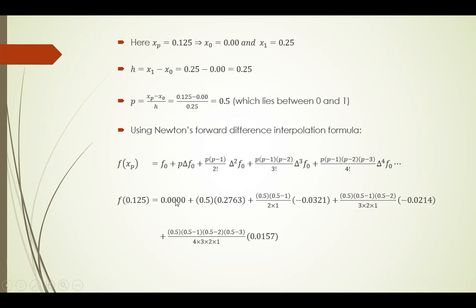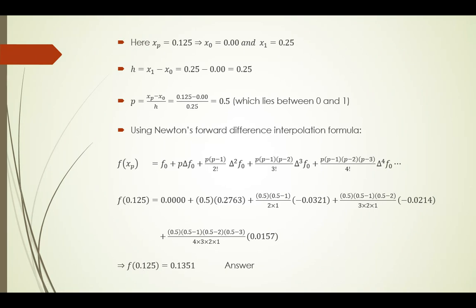So whenever you calculate this sum with the help of your calculator, you'll get f of 0.125 equal to 0.1351. So this is the answer of this question. You see that the value of x, which is 0.125, is not included in the table.